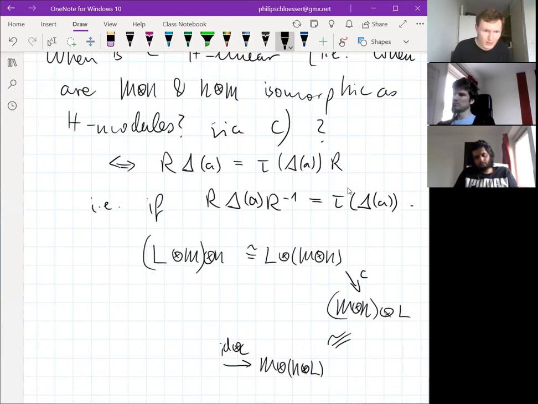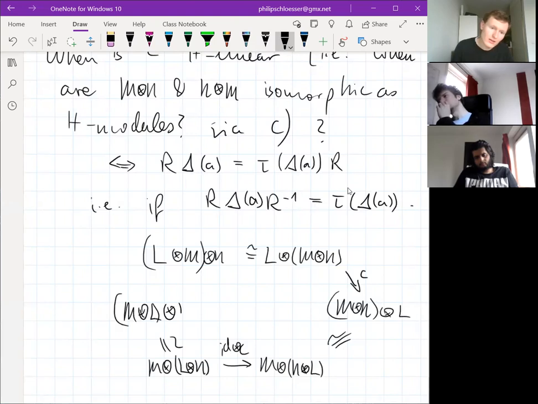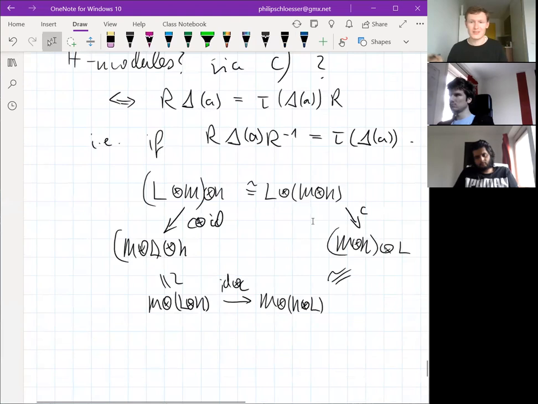We get M tensor L tensor N. Then we can apply associativity again, M tensor L tensor N, and we can get to this via that map. Well, at least it makes sense. So this is one hexagon identity.